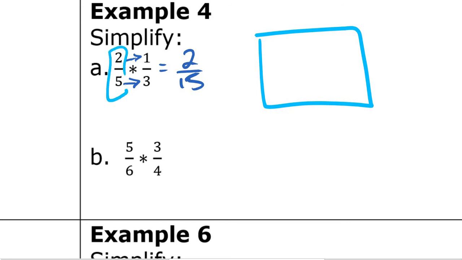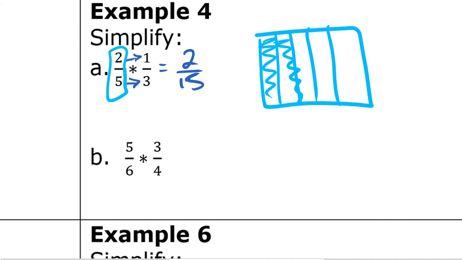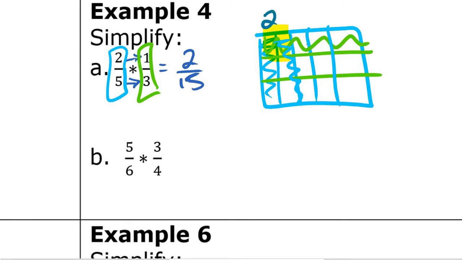If I have 2/5, that means I have some portion of something, and I have it in 5 sections, 1, 2, 3, 4, 5, and 2 of those sections are shaded. Now, in my other direction, I have 1/3, so I have this in 3 sections, and only 1 of those is shaded. And the part that is double shaded right here is 2 out of a total of 15.